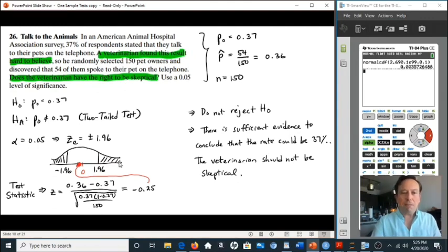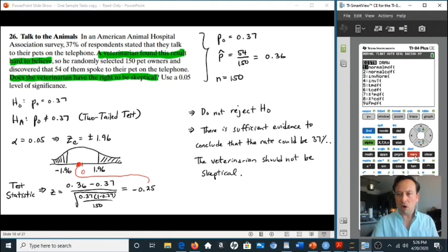How do we get the p-value for our test statistic? Because it's negative, you want to do a left-tailed statistic. So what I would do then is 2nd VARS, number 2, and I'll be looking at the left tail. So negative 1E99 up to my statistic, which is negative 0.25.